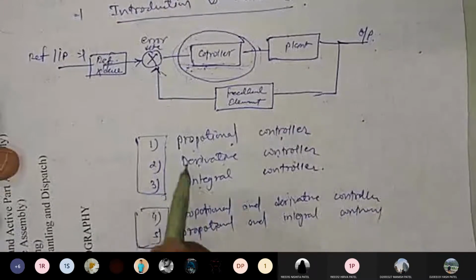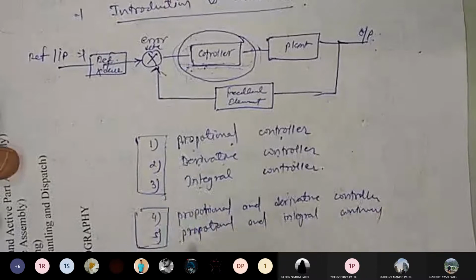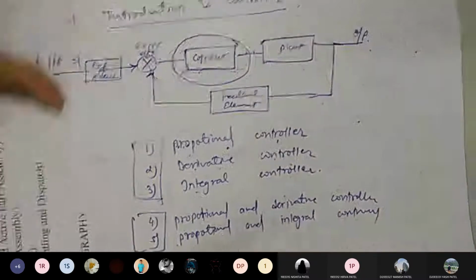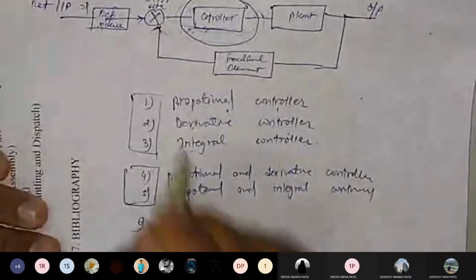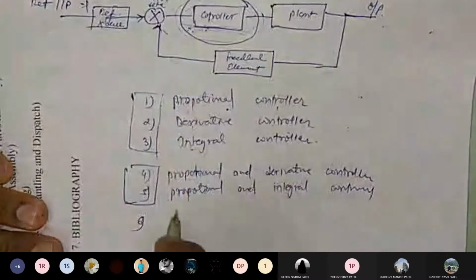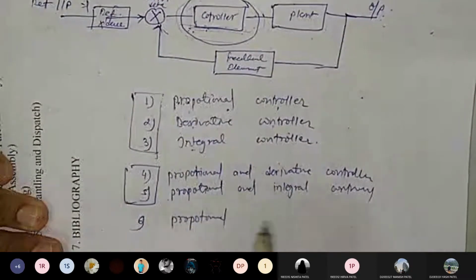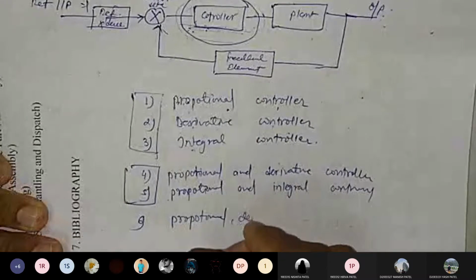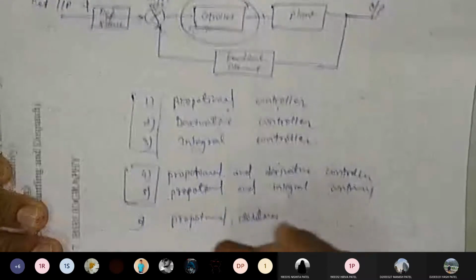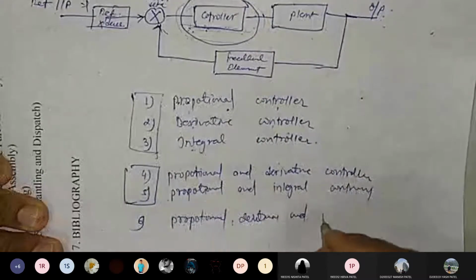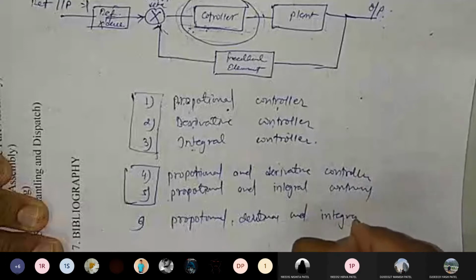These two are nothing but the combination of first two and first three. The sixth one is a combination of first, second and third: proportional, derivative and integral.